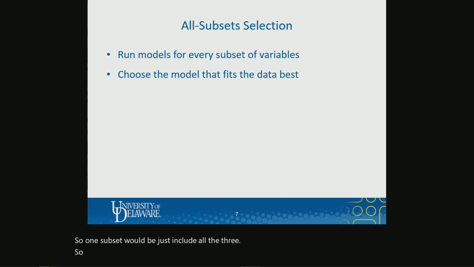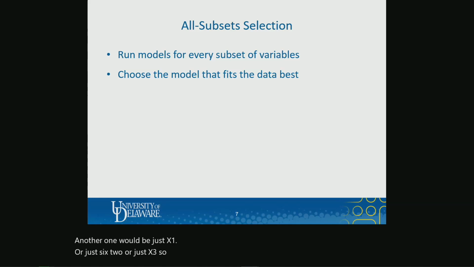So the model would include x1, x2, and x3. Another subset would be x1 and x2. Another one would be x2 and x3. Another one, x1 and x3. Another one would be just x1, or just x2, or just x3.